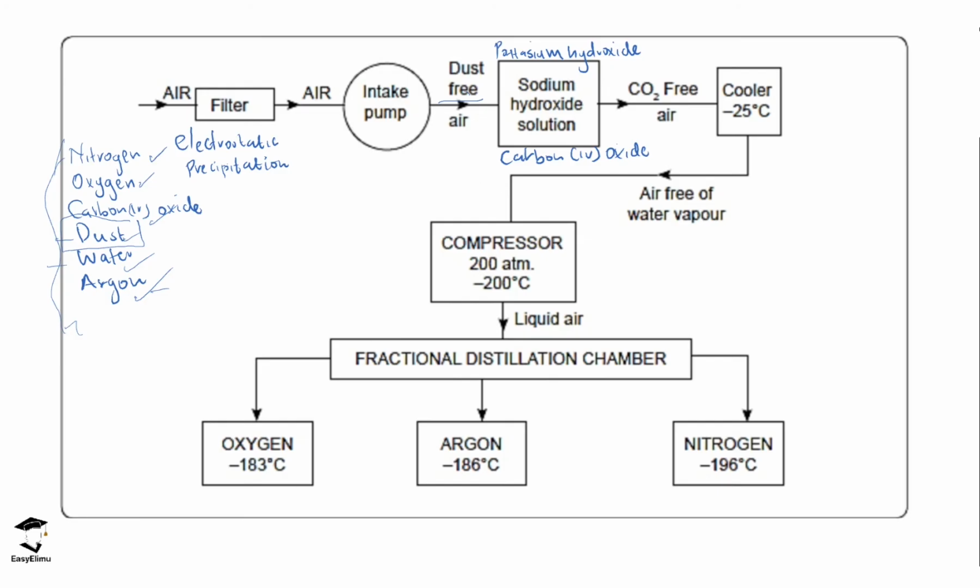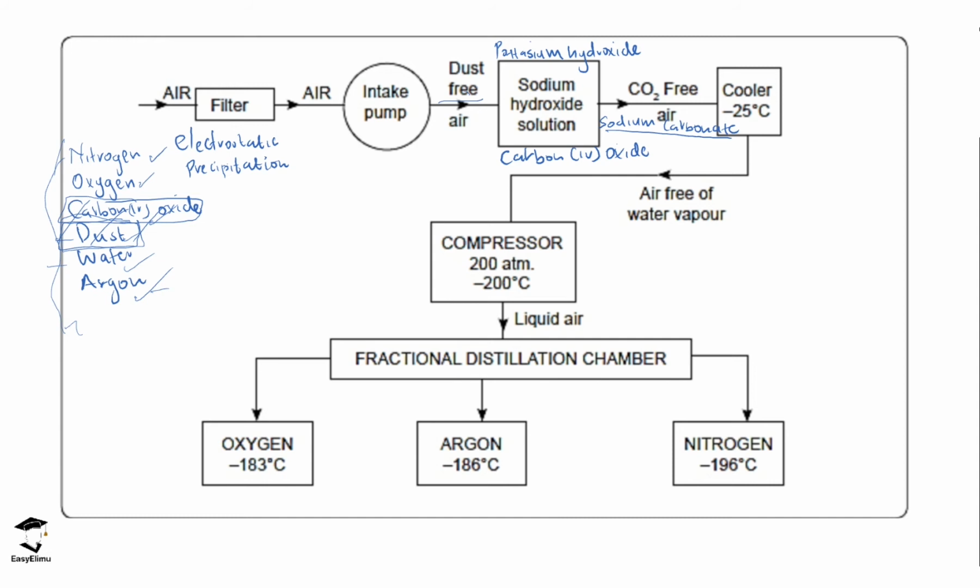So when sodium hydroxide reacts with carbon dioxide, it usually forms sodium carbonate, and when potassium hydroxide reacts with carbon dioxide, it also forms potassium carbonate. So if we look at the components of air that we are remaining with, we have already removed the dust particles, we have removed carbon dioxide, so we have been left with nitrogen, oxygen, water, and argon.